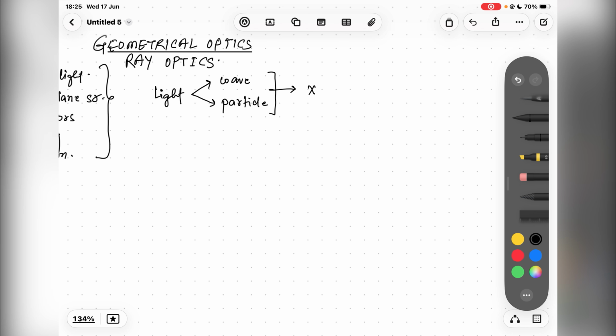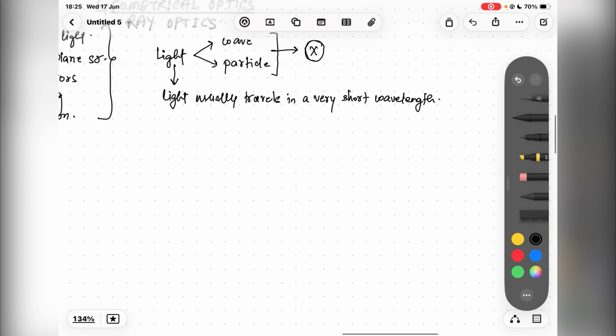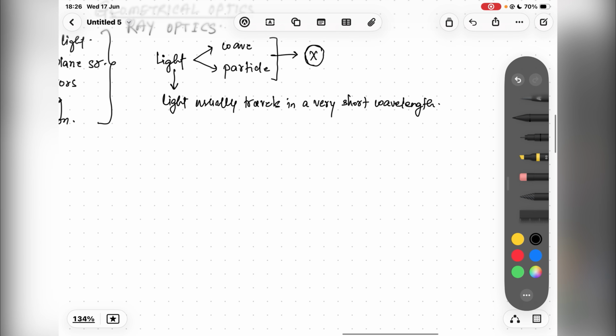We do not need to focus on either of them in this chapter. One more thing, light usually travels in a very short wavelength. This was the first thing.